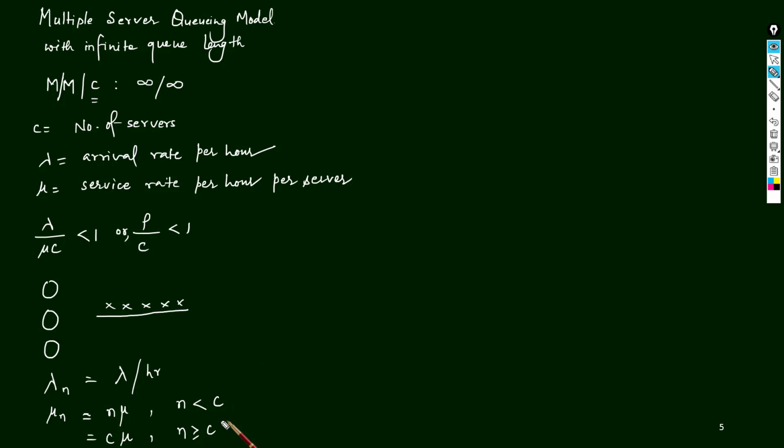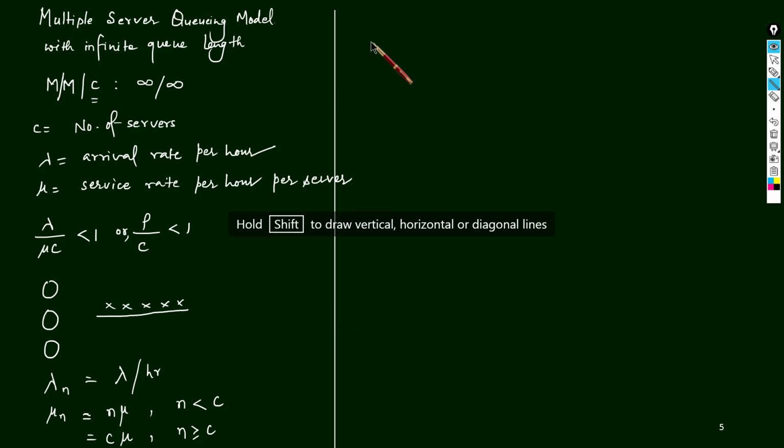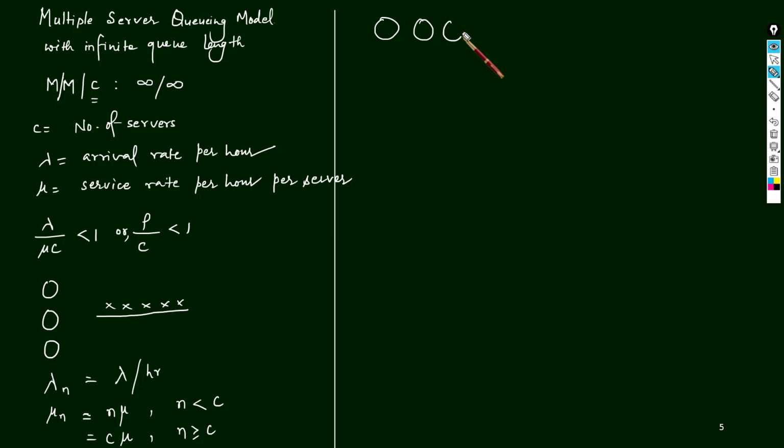How is this expression coming? Let us see. Let's suppose there are 5 servers, so C is equal to 5 here. In the queue, let's suppose there are 3 customers, n is equal to 3.